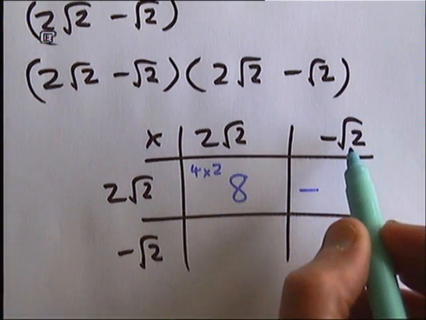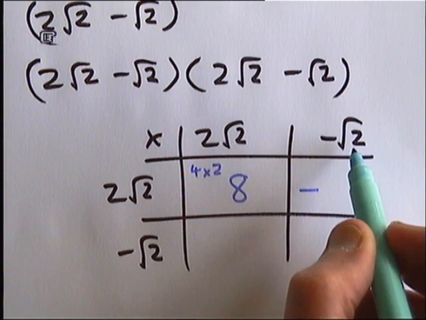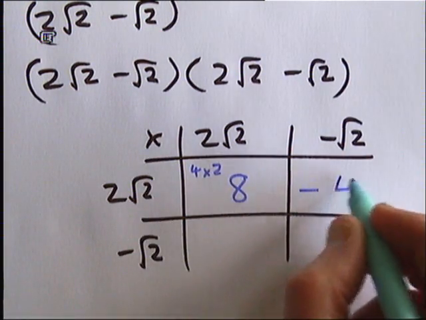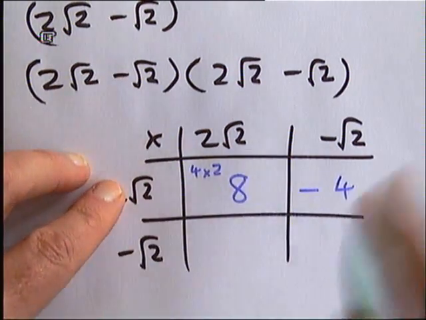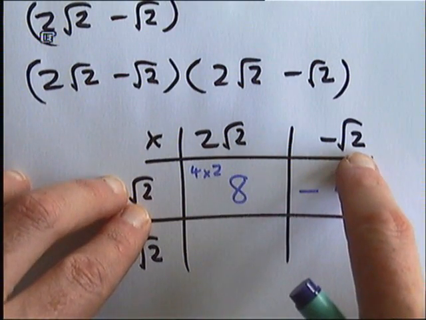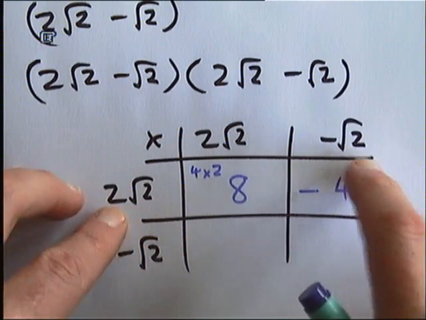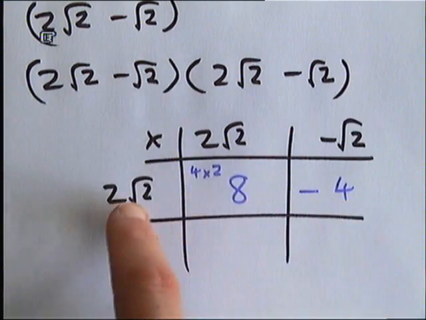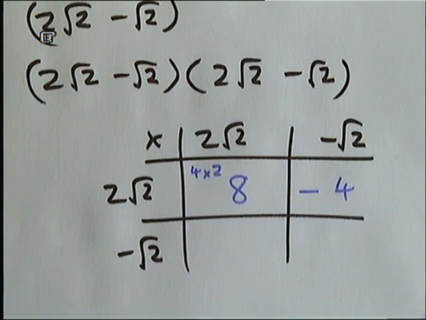This root 2 times this root 2 will give me 2. Times it by that 2, I will get 4. So, if I just look at that root 2 and that root 2, timesing those together gave me 2. Timesing that answer of 2 by that 2 gave me 4. And the positive and the negative gave me a negative.